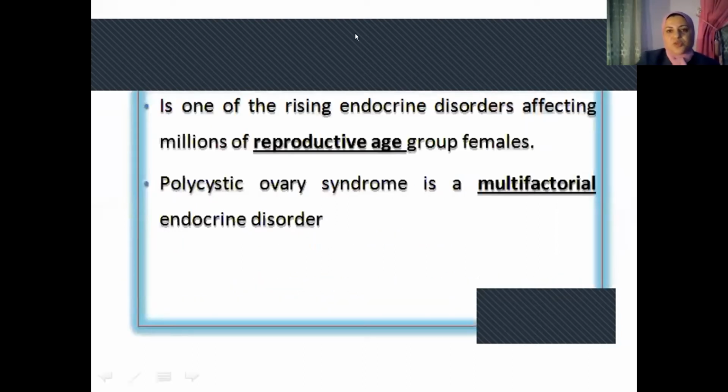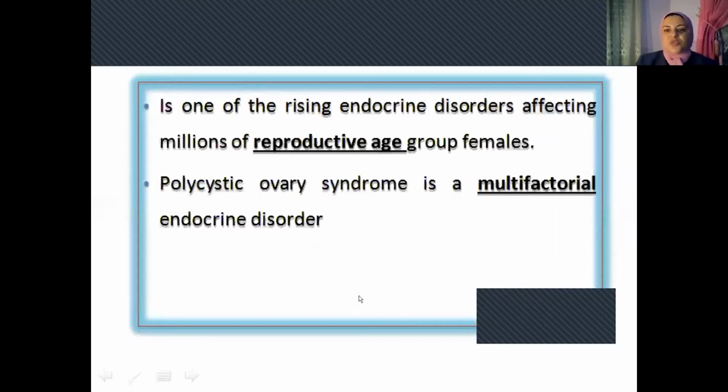So the definition: it's one of the rising endocrine disorders affecting millions of females of reproductive age. It's called a syndrome because it is a multifactorial endocrine disorder.